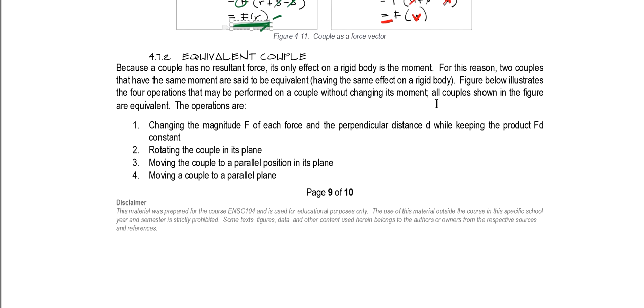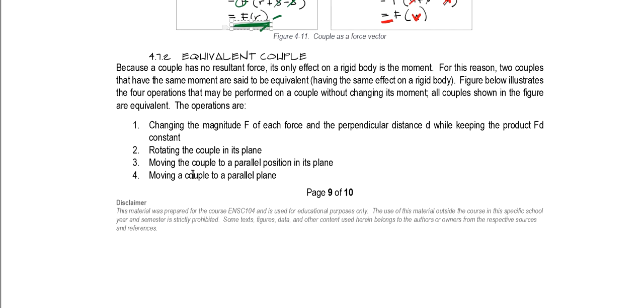For this reason, two couples that have the same moment are said to be equivalent, having the same effect on a rigid body. So the figure below illustrates the four operations that may be performed on a couple without changing its moment.